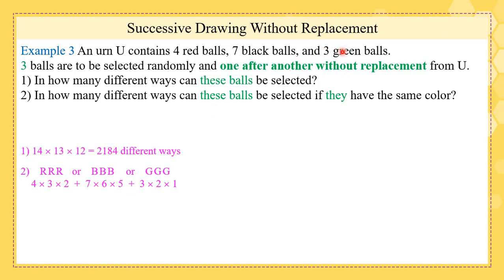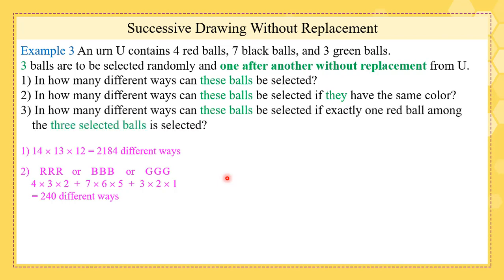And then green, we have 3 green balls, so we get here 3 times 2 times 1. So we use the same previous way, which is the arrangement way. But here we have to pay attention to the total of each subset. So we're going to have 240 different ways.